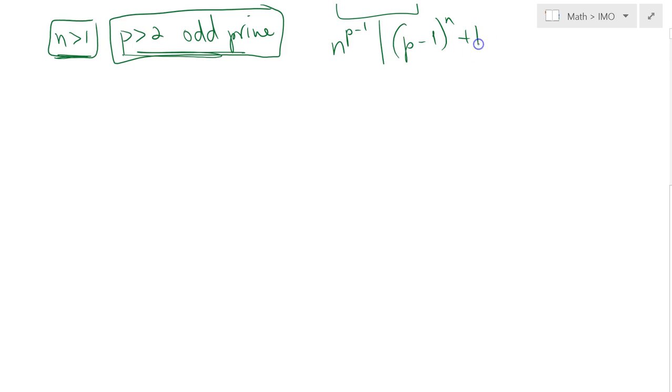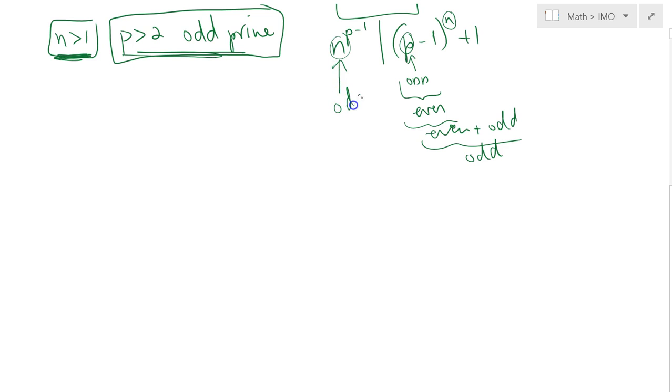Now I claim that n is greater than 1 and p is odd, so p minus 1 would be even, raised to any power is still even, plus an odd number, the whole thing would be odd. Therefore n itself must be odd as well. So p is odd, but n is also odd. That's an additional restriction that I need to be careful about.